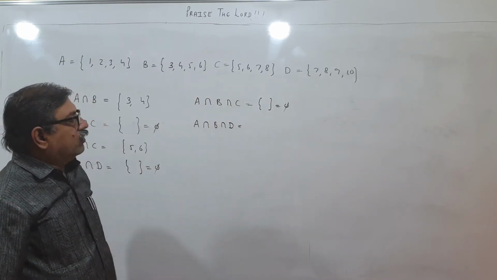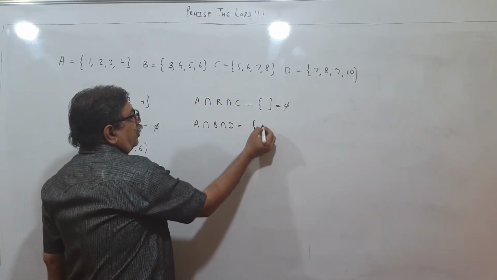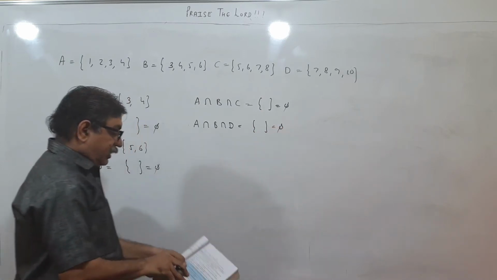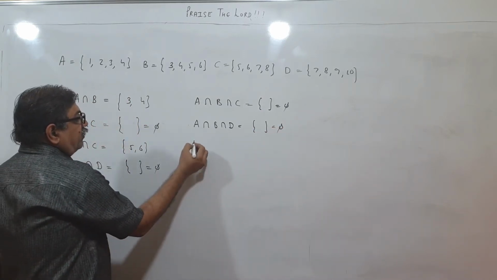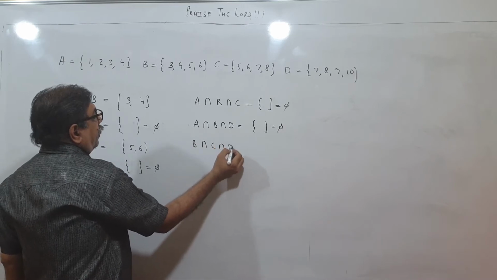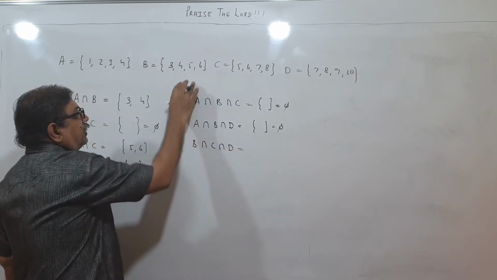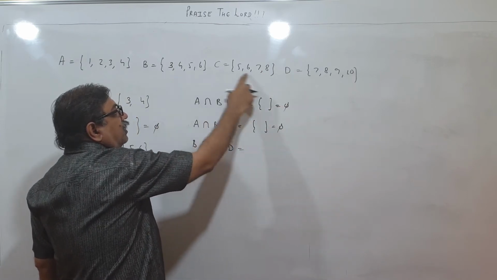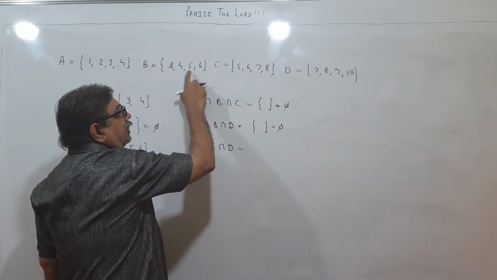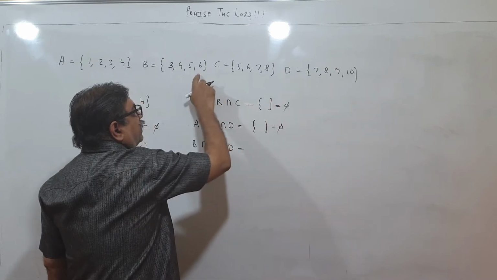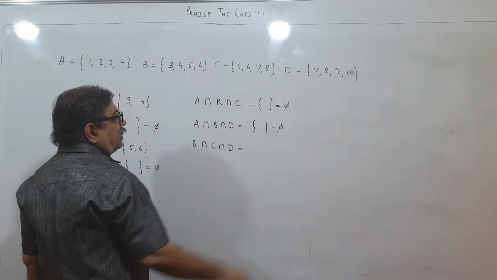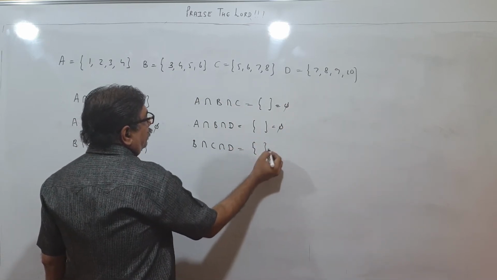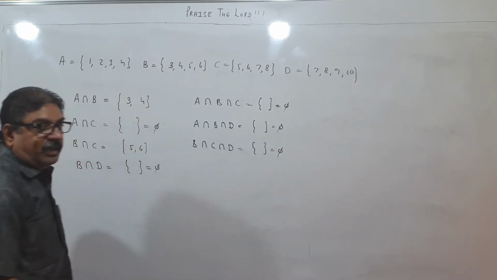Then 7, 8, 9, 10, no. So this also is a null set, no element common. Then B intersection C intersection D: anything common from here, here and here? 3 not present in all. 4 not present in all. 5 present here and here but not here. 6 also. So nothing is common. Again this is also a null set.